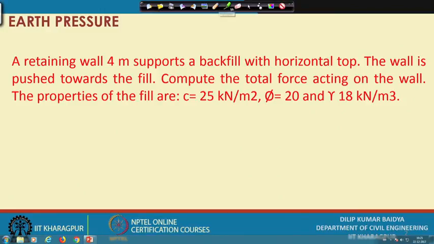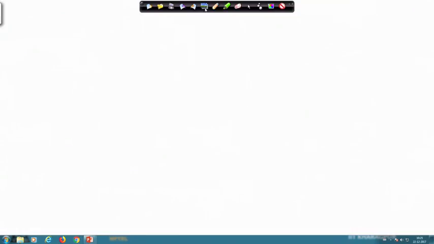This is of course quite a simple one, and you can see the wall height was 4 meter. So, the wall was 4 meter high, with a level surface, and C equal to 25, phi equal to 20, gamma equal to 18.